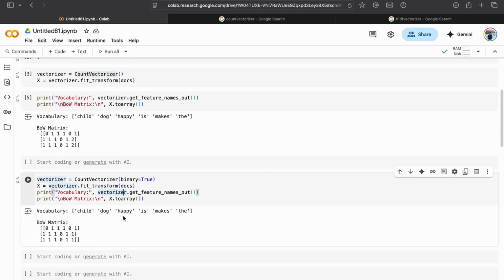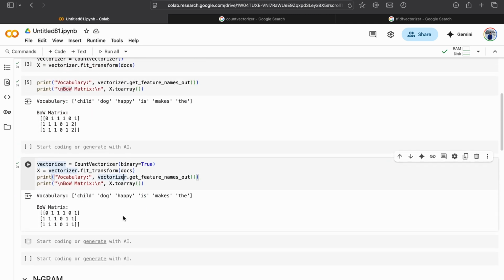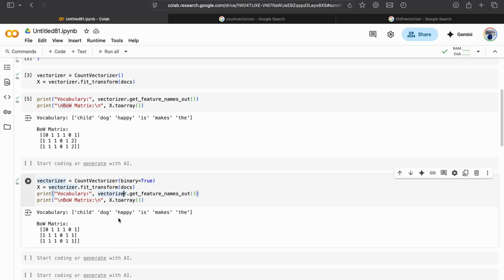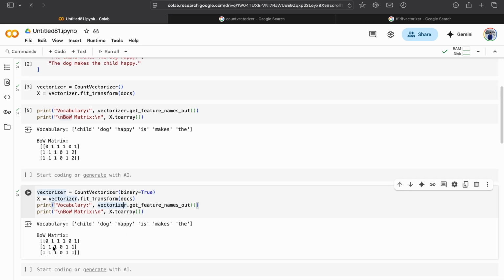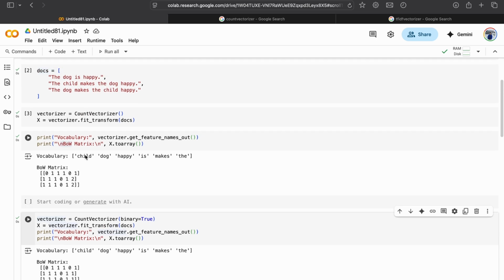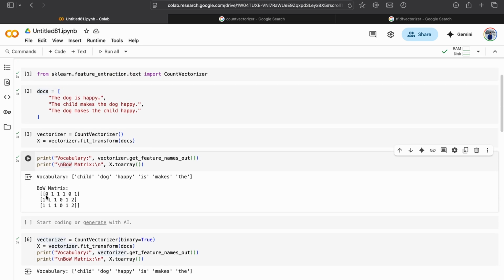Then next we'll look into n-gram and why it's useful. Before proceeding, given this representation and this vocabulary, it might be very difficult for us to understand the sentence that it produces.